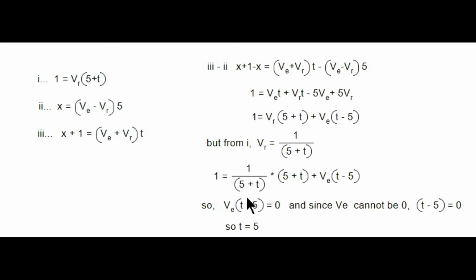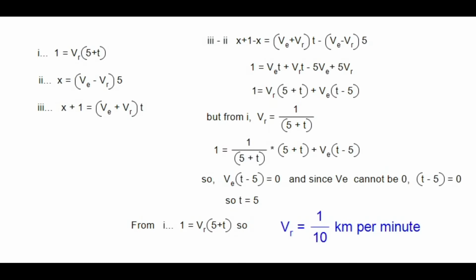So it must be this t minus 5 which is 0. Therefore t equals 5. So if we know that t is another 5 minutes, we have equation 1, pop the t as 5 into that, and therefore we very soon find that VR must be 1 over 10 kilometers per minute, and that seems a reasonable kind of speed for the river to be going.